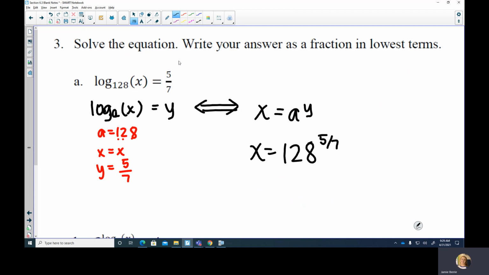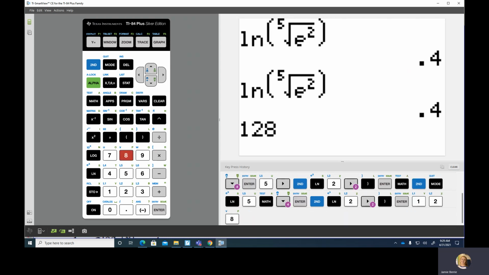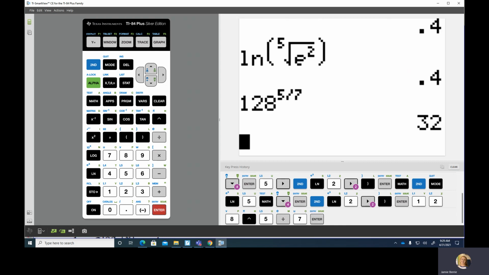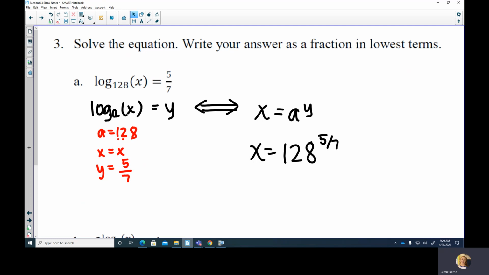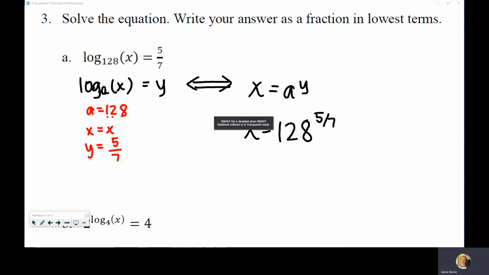If you have the TI-83, make sure you put your exponent in parentheses. 128 raised to 5/7 is 32. So we got a whole number and don't have to worry about writing our answer as a fraction. I should have said to write your answer as a fraction in lowest terms if necessary. The answer is 32.